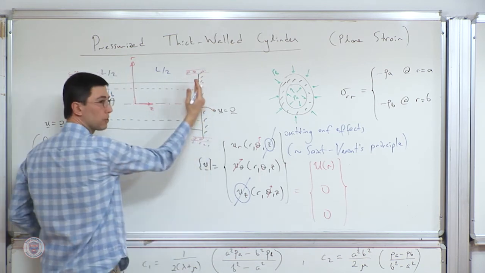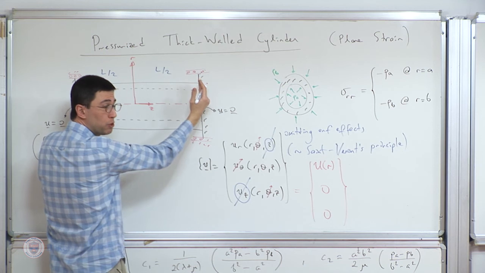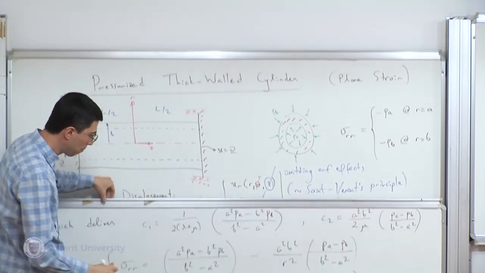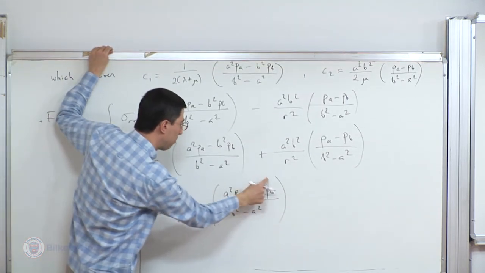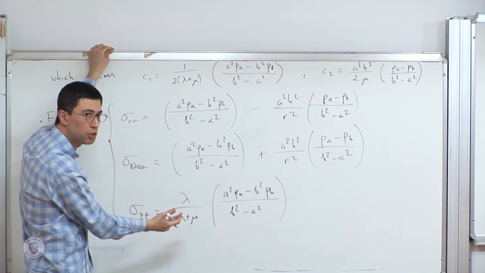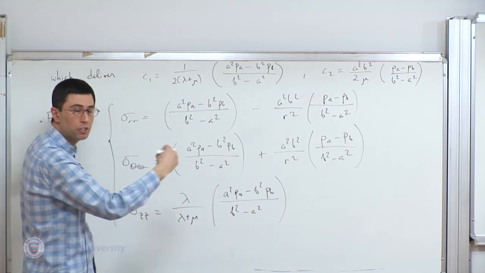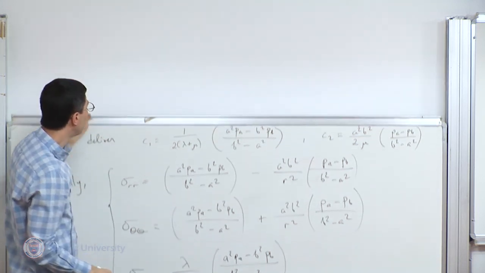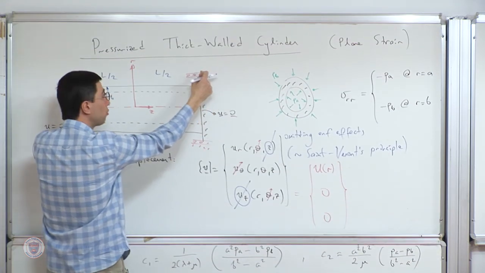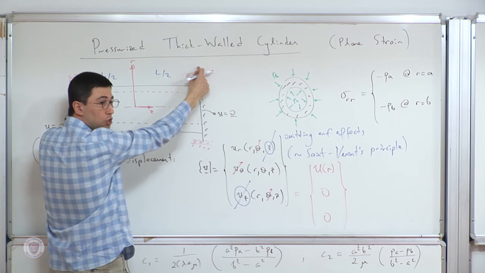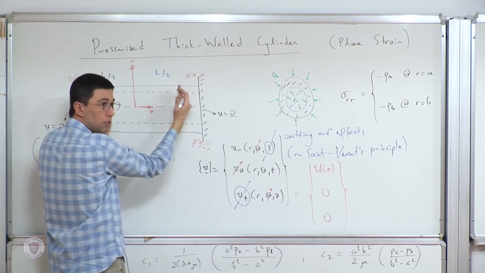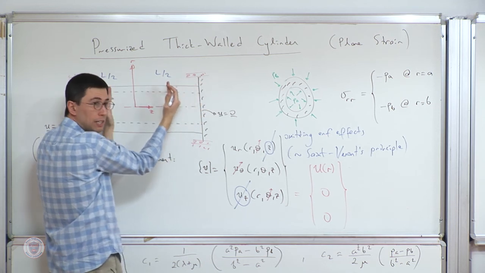In other words, I have magnet supports, which means they can pull on the cylinder. Now here, depending on the values of PA, PB, A, and B, I don't know whether this is tensile or compression. But let us suppose that it's under tension. So the magnet supports originally can pull on this thing, but now they are on rollers, which means that as this thing tries to contract, for instance, they can just move and release that stress.